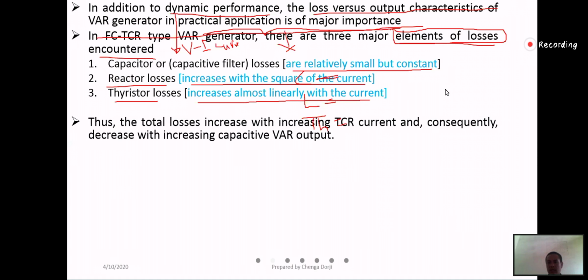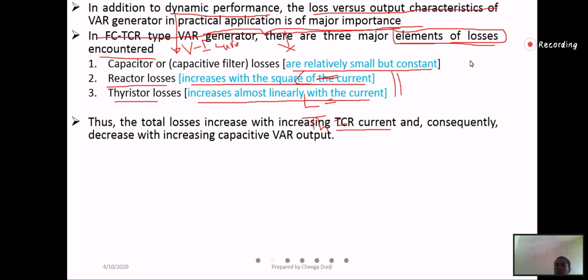Therefore, what you can sum up is the total losses increase with increasing TCR current, because these are the two main losses occurring: one proportional to the square of the current, one proportional to the current.